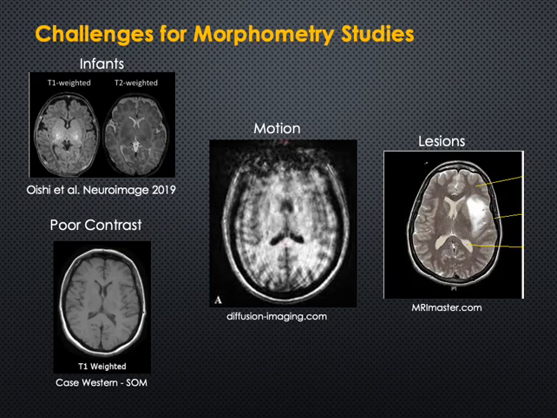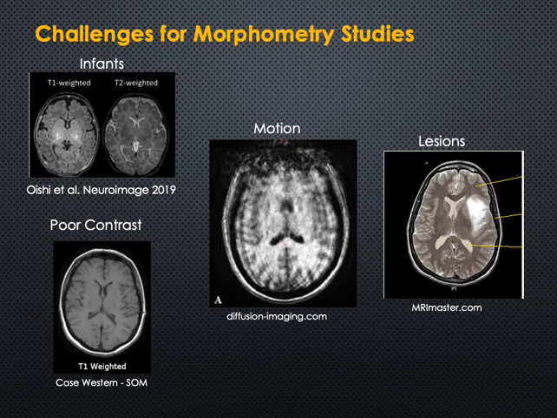Image motion is a significant challenge, particularly in young or intellectually impaired populations, as well as the aging. And in imaging research, we can't use sedation. So in cases where the subject moves, we will get a lot of blurring and ghosting in the images.